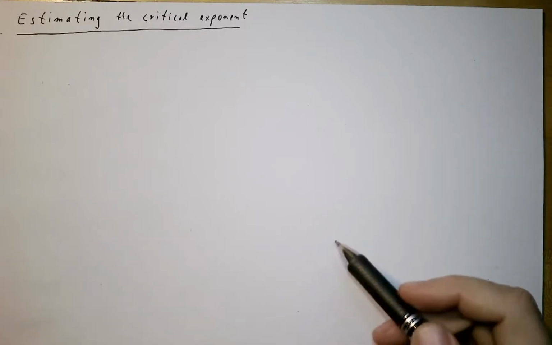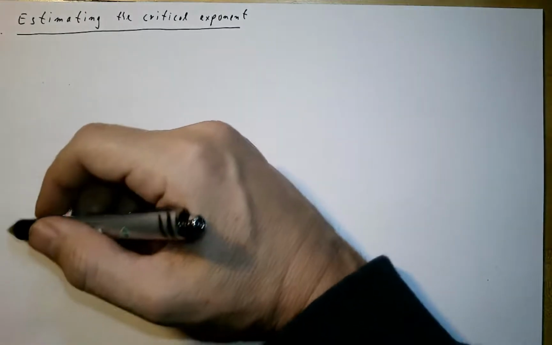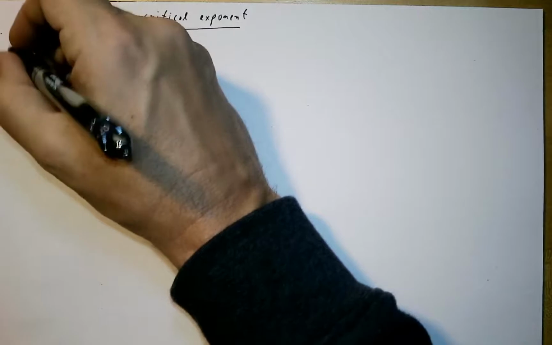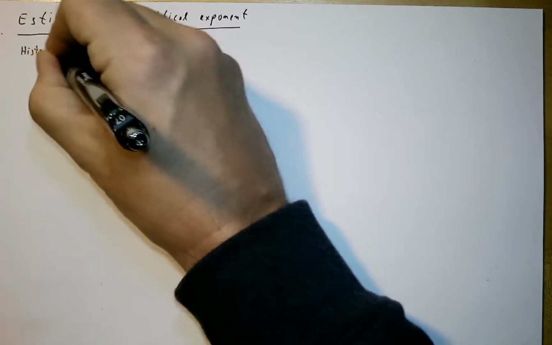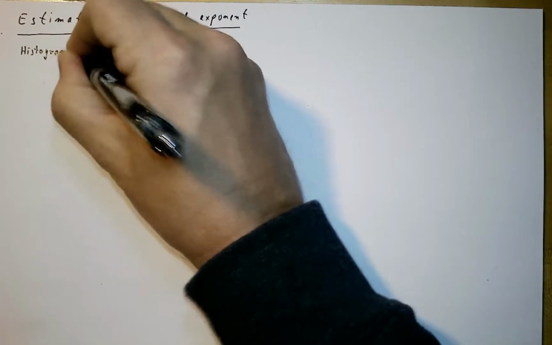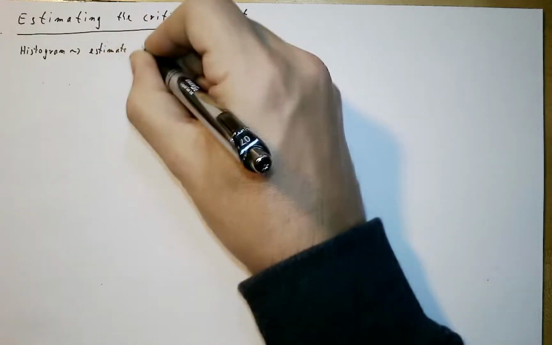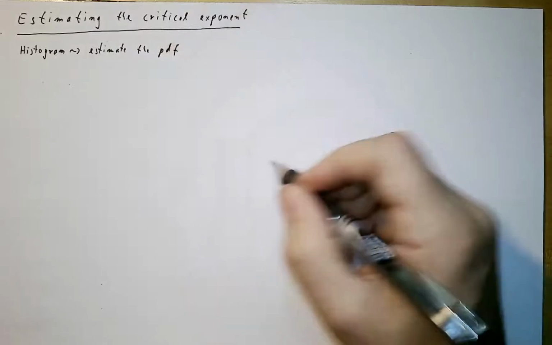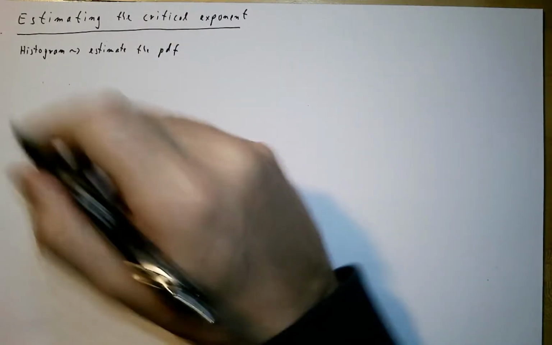Of course, when you want to estimate a distribution, we have seen how to do it. We can make a histogram to estimate the probability density function, and that's now a bit of repetition of what we had before.